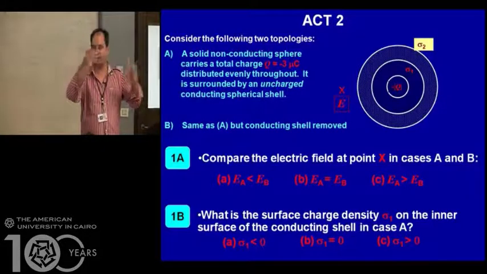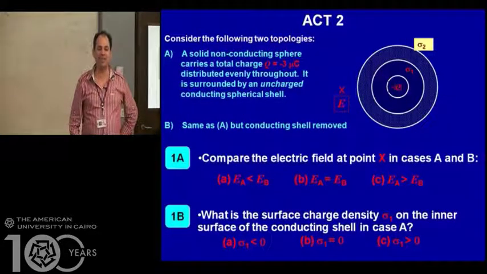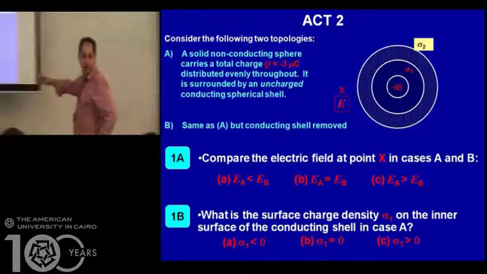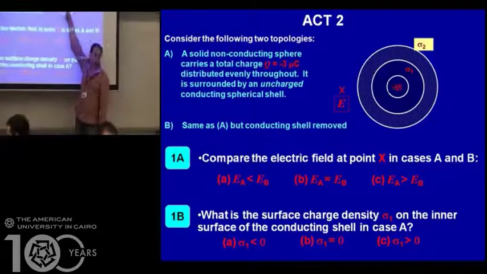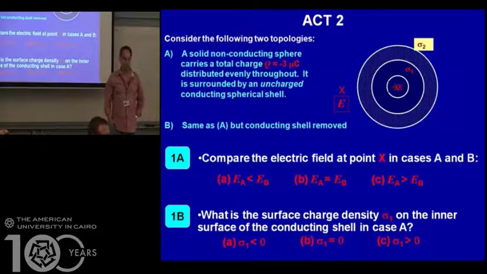Okay, good. What else? No, they want the surface charge density. On the inner shell, the charge on that shell divided by the area. That's it.